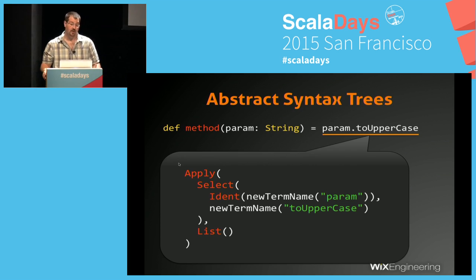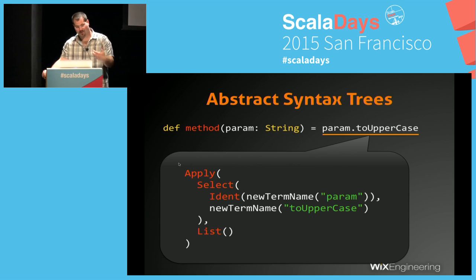So in this case, you'd have an Apply node. An Apply has two sides. The thing that you start off with, the method that you actually apply, and the set of parameters. In this case, the toUpperCase method does not have any parameters, so the parameter list is empty. That's the empty list down there.